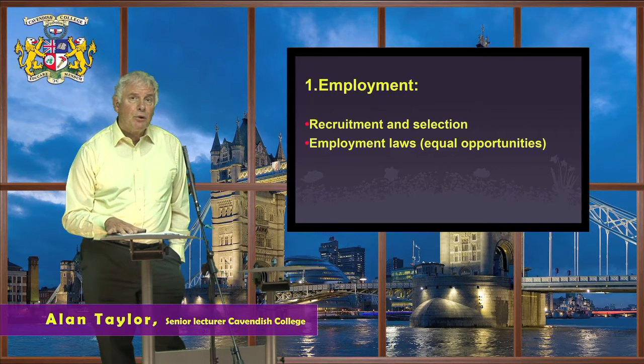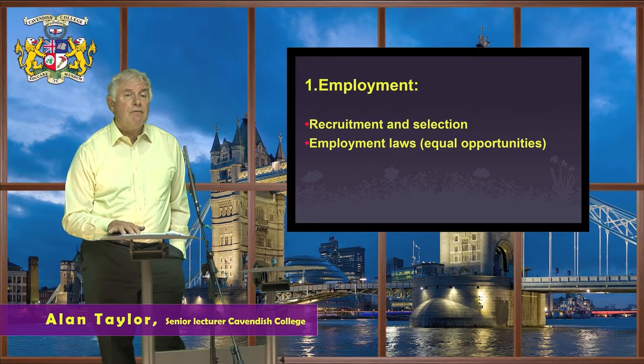In the UK, the employment laws are very strong on this area known as equal opportunities. This is very important. It means that if someone applies for a post, a position in the company, along with many others, then in your role you need to ensure that everyone applying has an equal opportunity to gain that job.